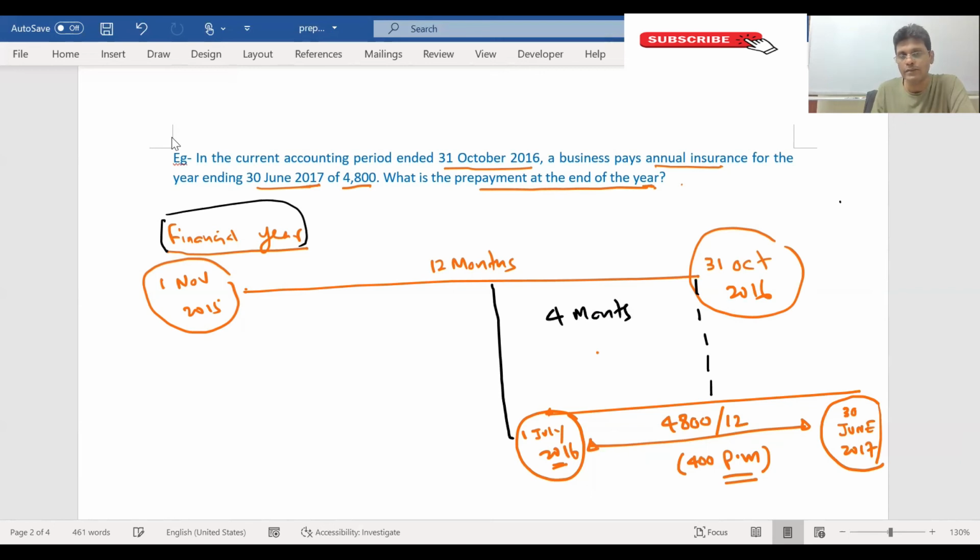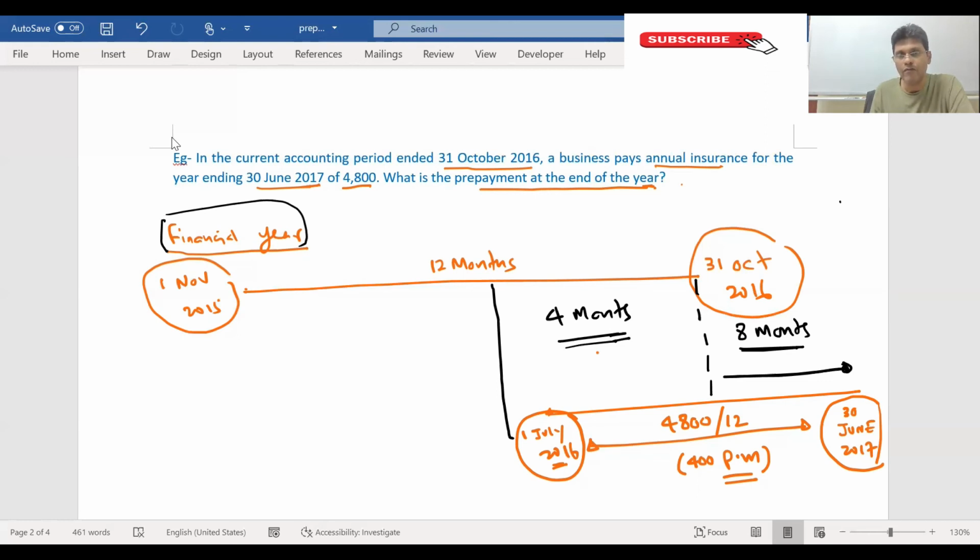So 4 months fall in this current financial period, and 8 months fall in the next financial period, which starts after October, it will be November. So from November 2016 to 31st October 2017, that is the next financial period for 8 months.